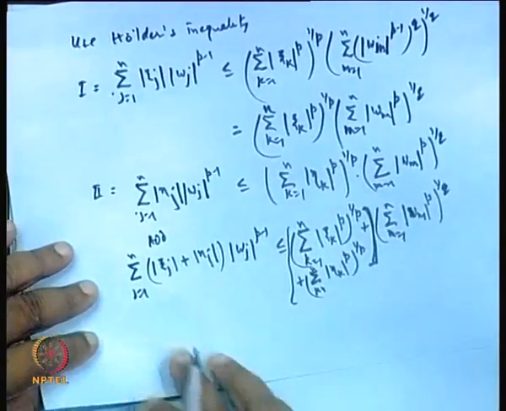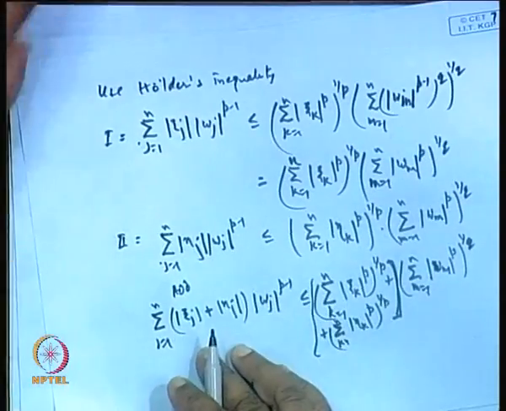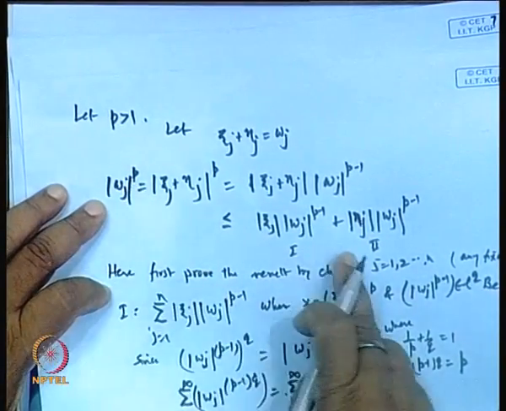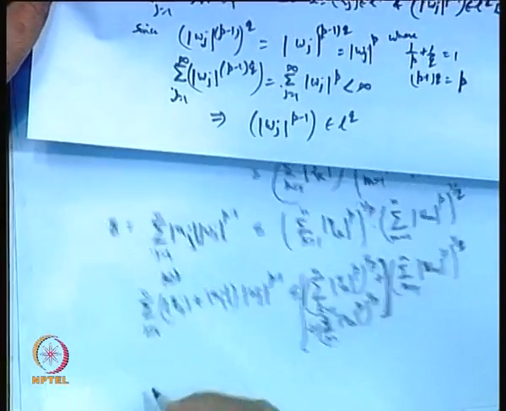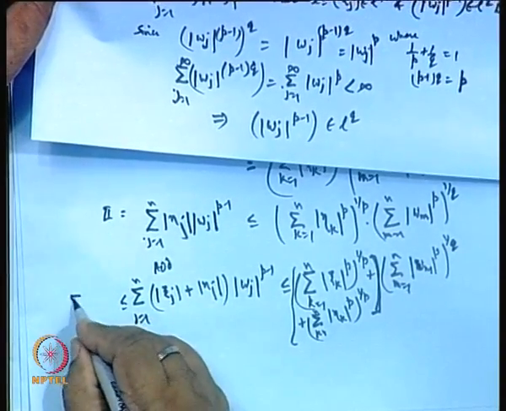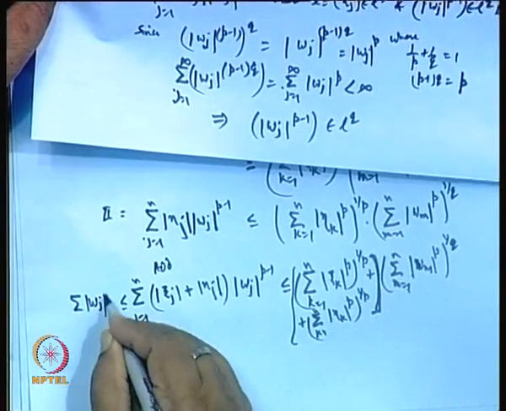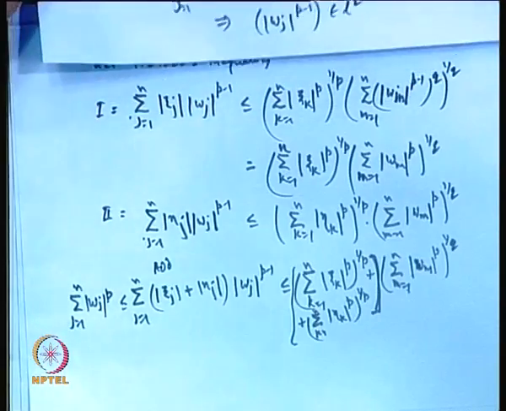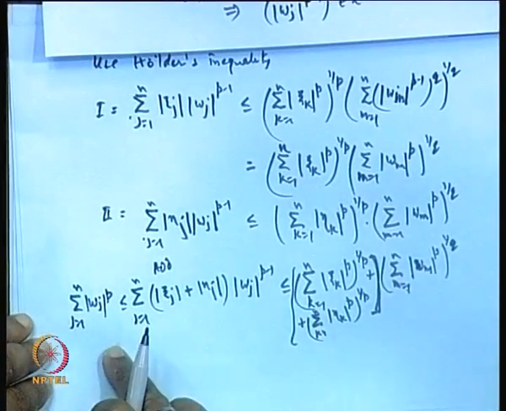Now, if you go through the previous slides, basically this is the w j power p. So, we can say this entire thing is greater than or equal to sigma w j power p, j is 1 to n. So, take this towards this side.